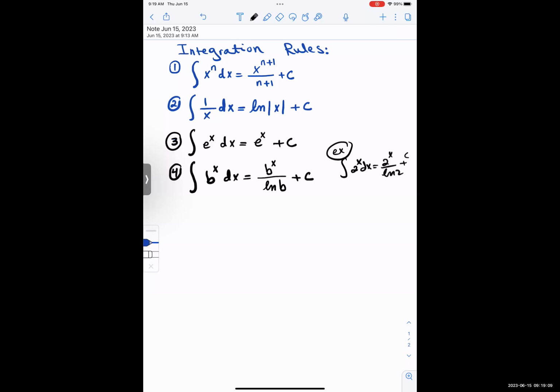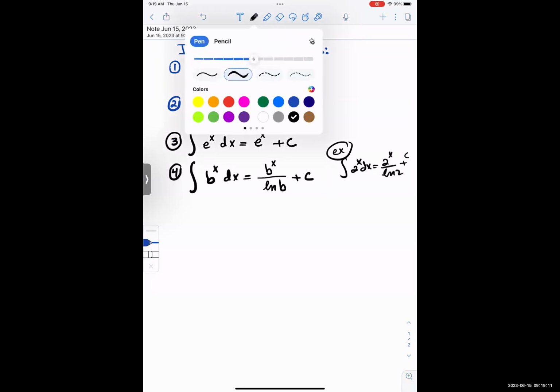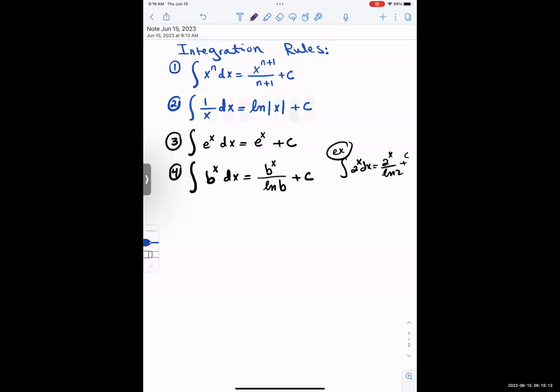Number 5. Integral of sine x dx is equal to, I think we did that multiple times this week. What is integral of sine? Cosine or negative cosine? All of you respond.